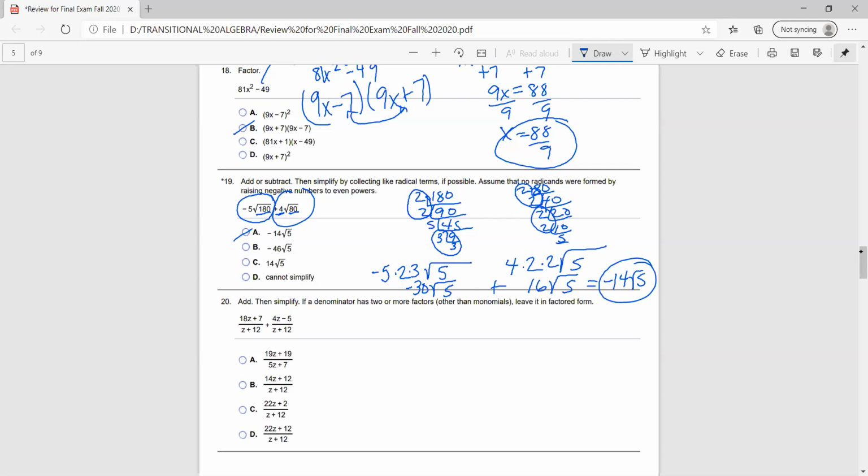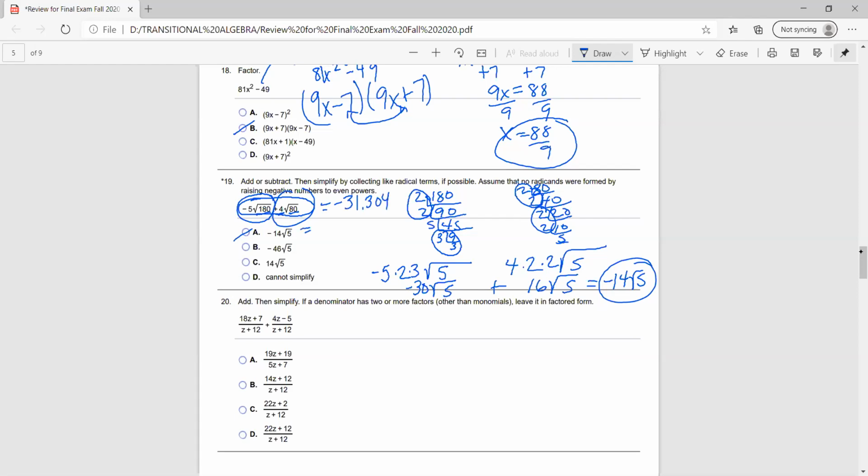Another clue on this one, since this is multiple choice, if it wasn't multiple choice, you couldn't do this, but what you can do is type this in the calculator right here. If I type this in the calculator, negative 5 second square root 180 plus 4 square root of 80, it gives me negative 31.304.